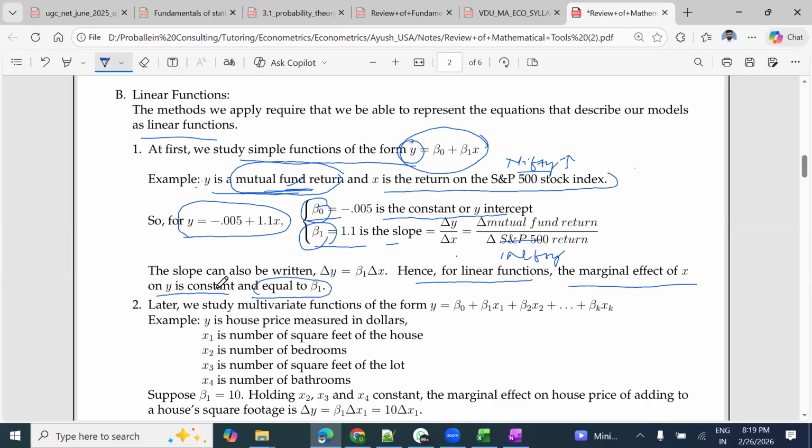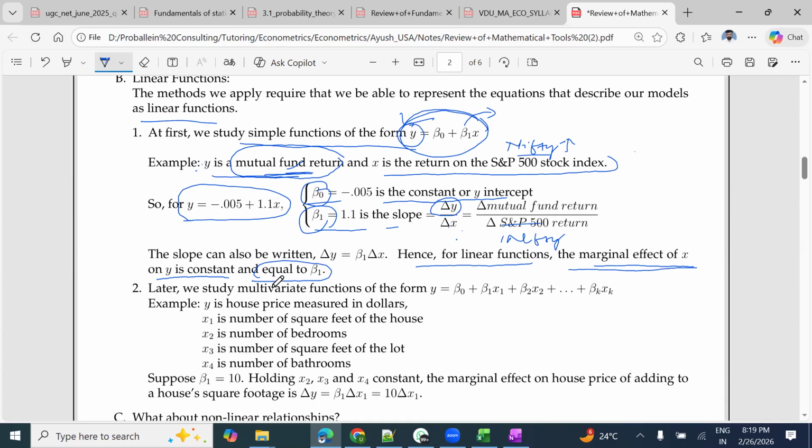Because you can see delta y is the numerator and delta x is the denominator. Usually in regression we try to see the impact of x on y, so that is why beta 1 is interpreted as the marginal effect of x on y, which is constant in a linear function, right? Is it clear?